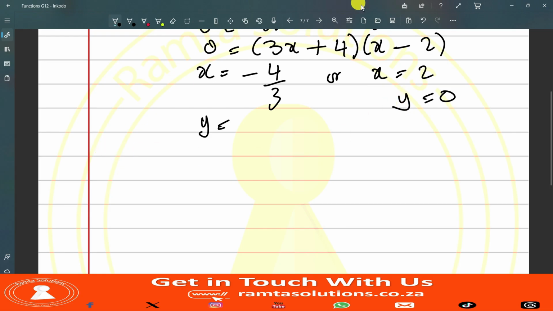Remember, as a reminder, y was equal to negative x cubed minus x squared minus 8x plus 12. So where there's x, I need you to put negative 4 over 3. Remember to put it inside a bracket. Okay, perfect. Let's go, guys. Taking out our calculators, let's confirm what these are.